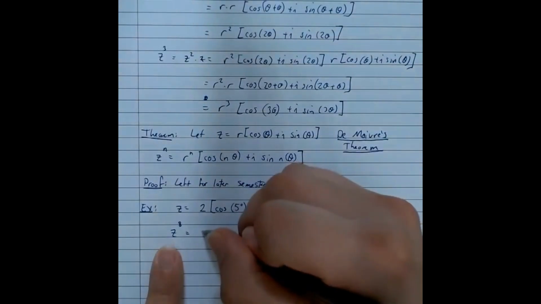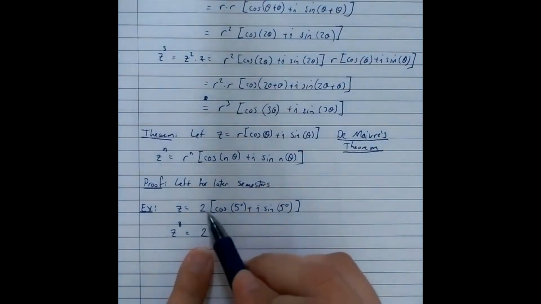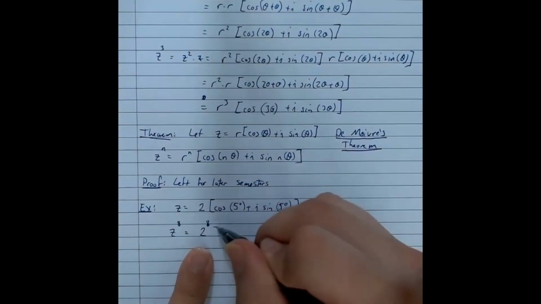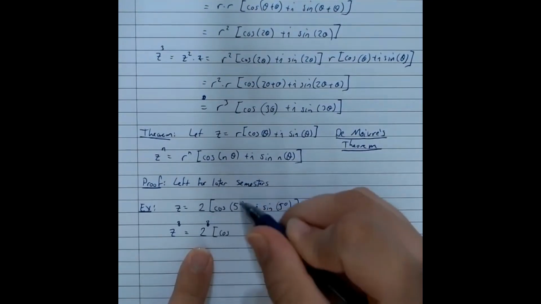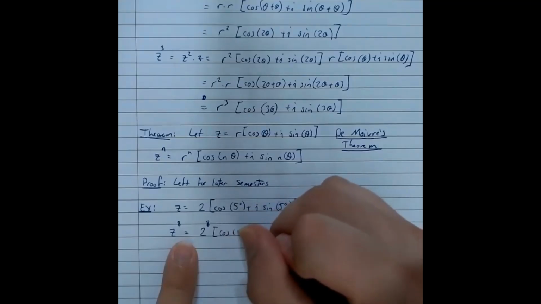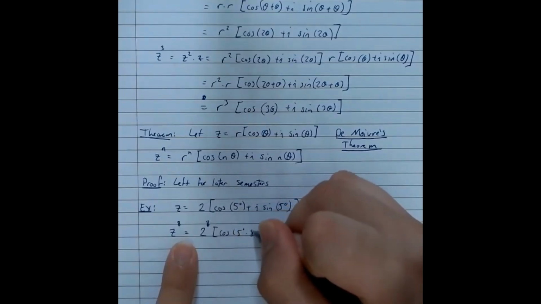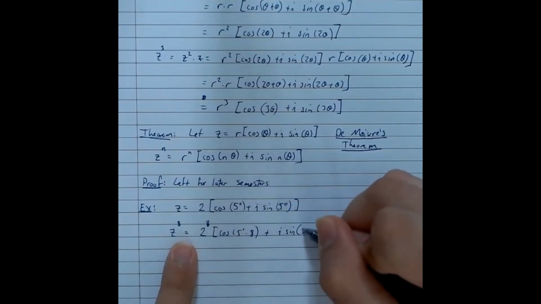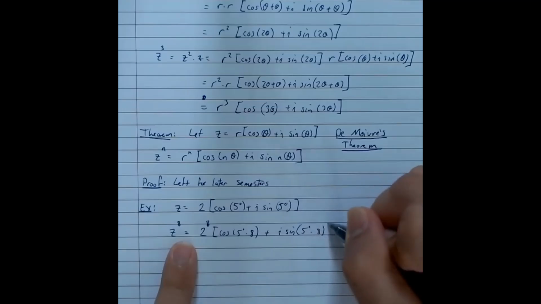However, using de Moivre's theorem, we can see that this is nothing more than, okay, take that modulus and raise it to the 8th power. And then we're going to take this argument and multiply it times that power. Or in other words, we're going to take the 5 degrees and multiply it times 8. And same thing over here, that's going to be times 8.